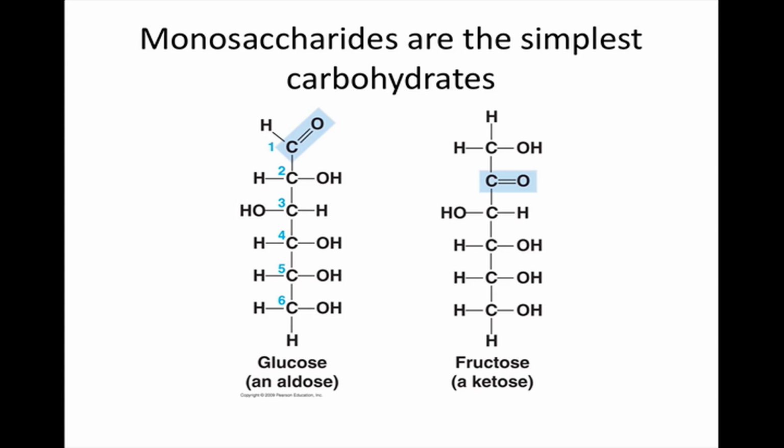Monosaccharides are the simplest carbohydrates. The glucose and fructose structures show the two trademarks of a sugar. A number of carbonyl groups and hydroxyl groups are found on all monosaccharides. Recall that when a carbonyl group is found near the center of a monosaccharide, it is a ketone. But when it is found at the end, it is more likely to be known as an aldose.